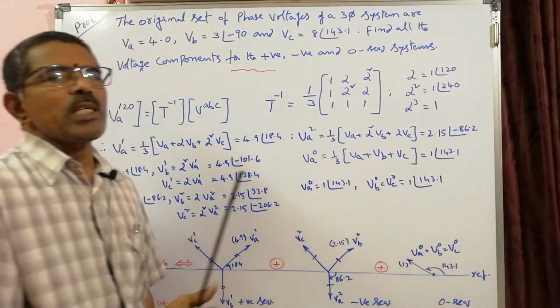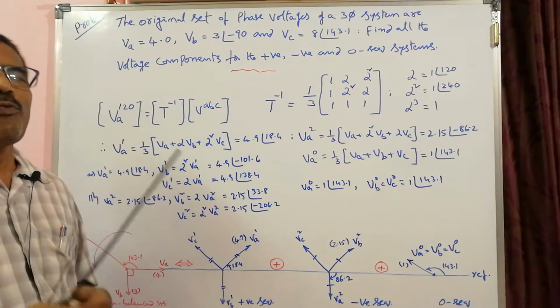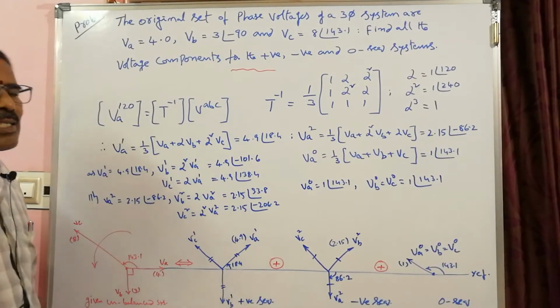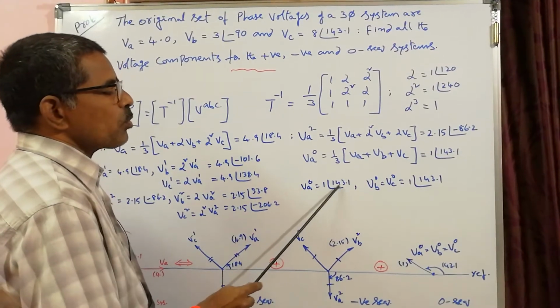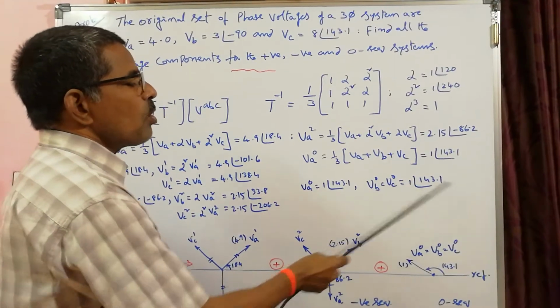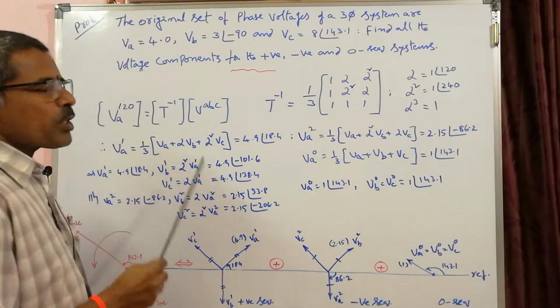What is VB naught, VC naught? These are zero sequence components which are in phase without any phase angle difference and balanced. So VA naught, VB naught, VC naught are the same. VA naught is 1 angle 143.1, and VB naught and VC naught are also 1 angle 143.1. So these are the computations.